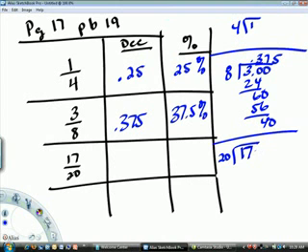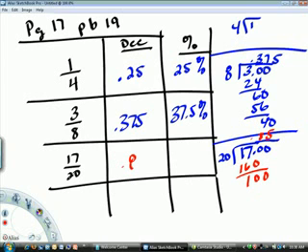Alright, you say the answer is 0.135, so let's see if that is correct. Let's add some zeros and change the ink. Okay, 20 divides into 170 8 times. That gives us 160. Okay.